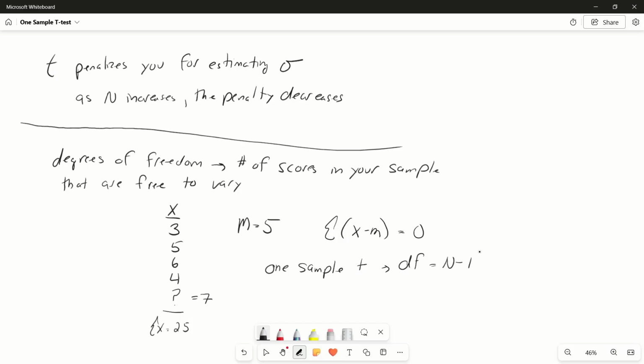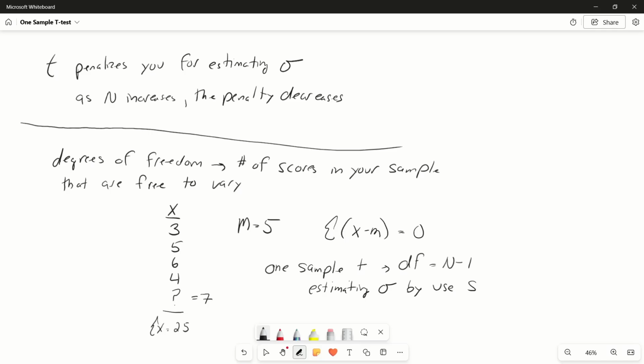We are only estimating one parameter. We're estimating sigma by using S, the sample standard deviation.